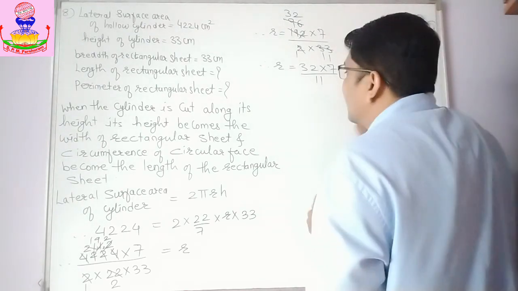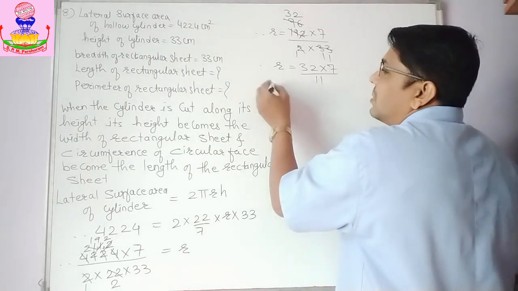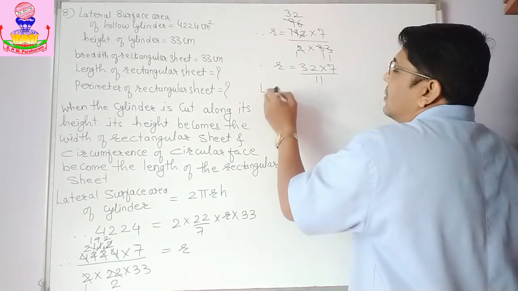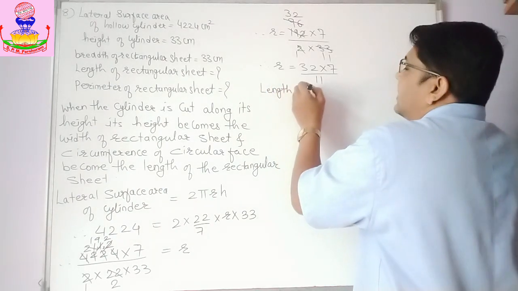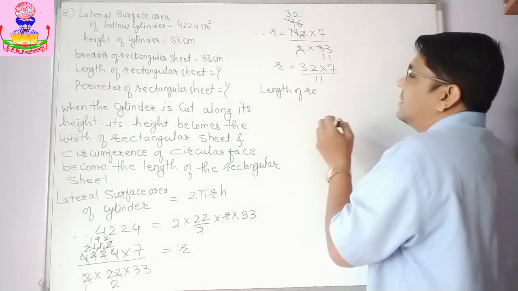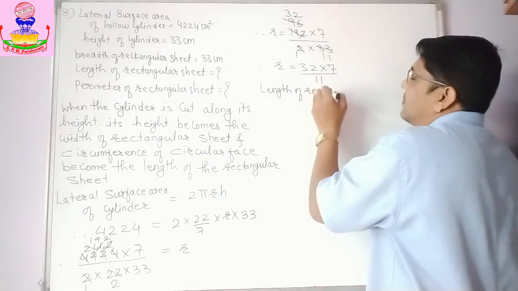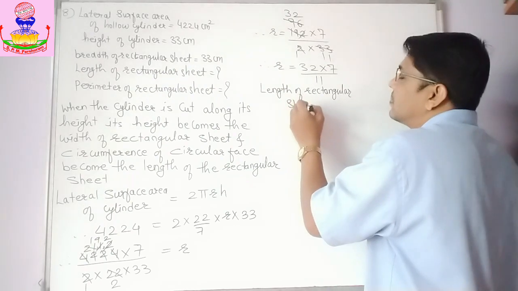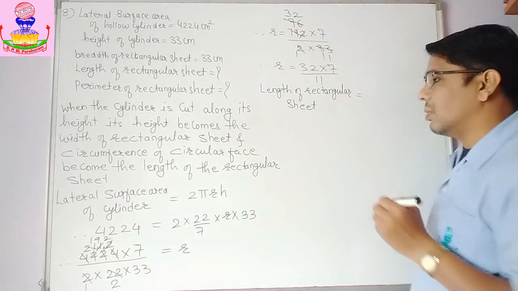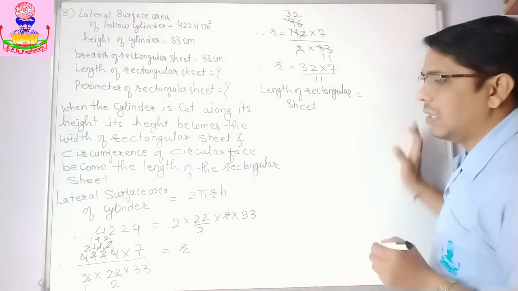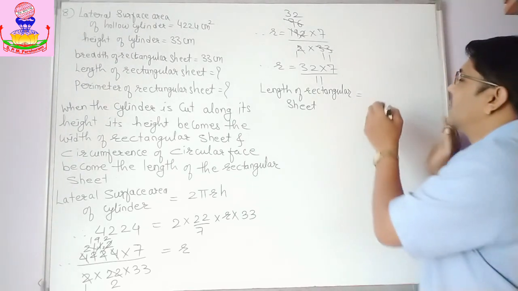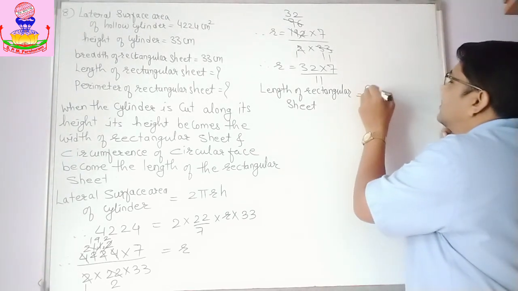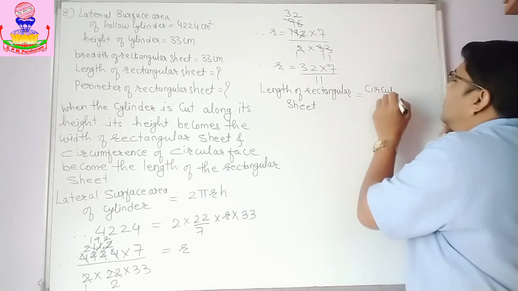See how. Now see. Length of rectangular sheet, that is equal to... So we have said that it is equivalent to the circumference of the circular base.